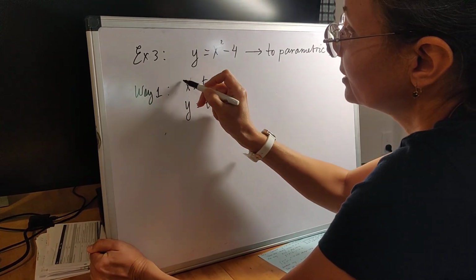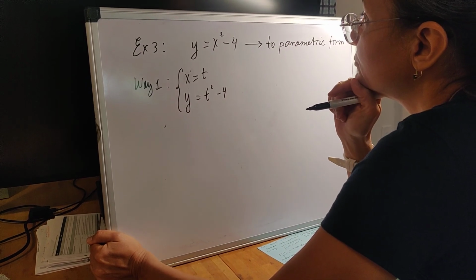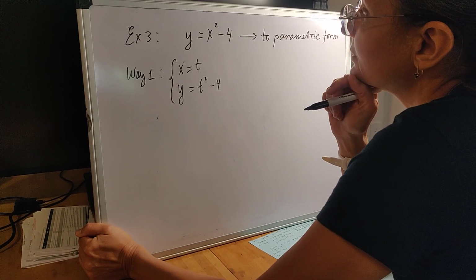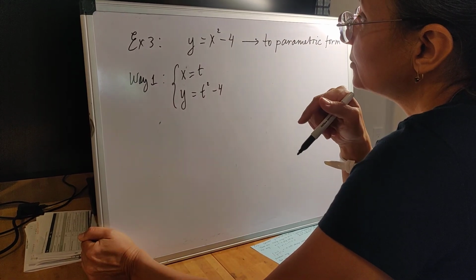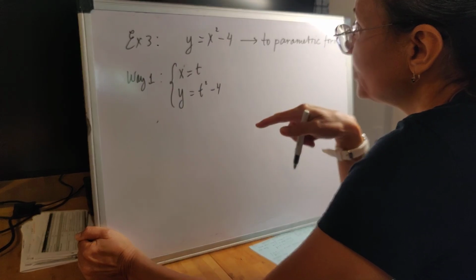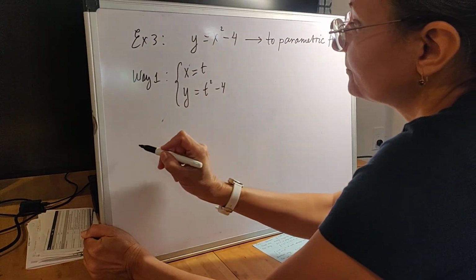You see, I got a nice set of two parametric equations, and this is the simplest way to do parametrization. Just set up one coordinate to t, and then calculate what is going to happen to the second coordinate. It's not necessarily supposed to be x equals t, you can do y equals t. Make sure that when you do parametrization, it's going to cover the whole graph.